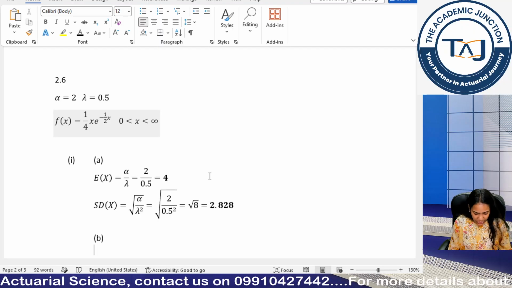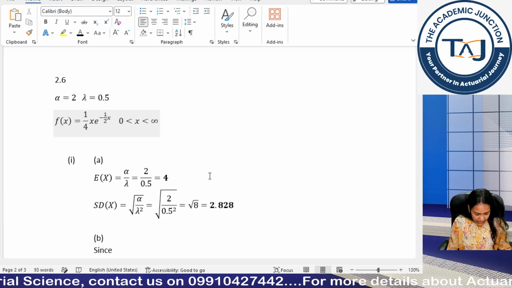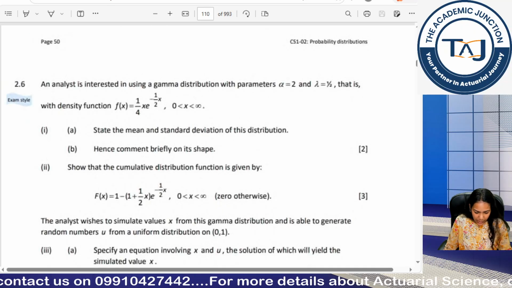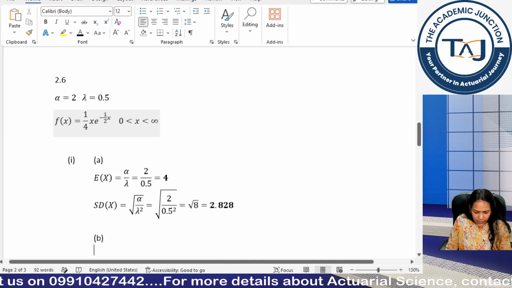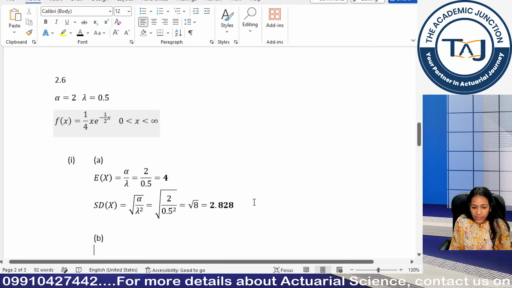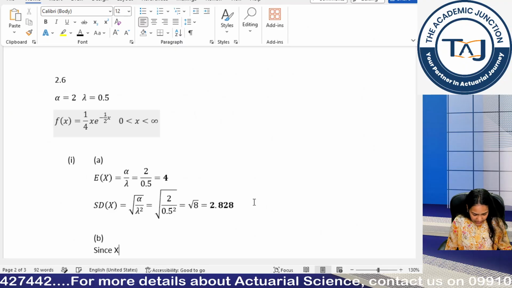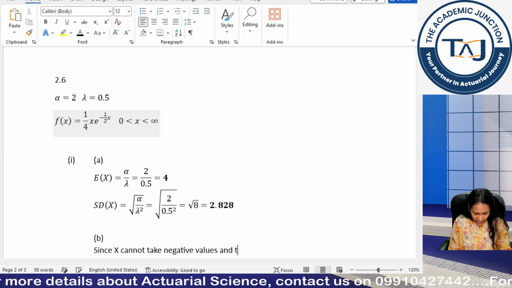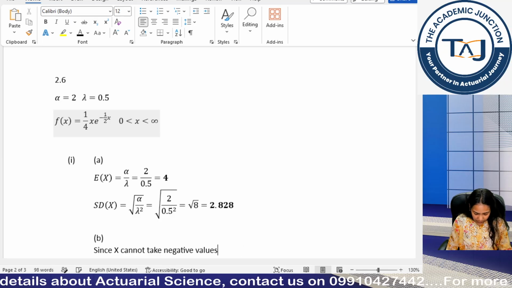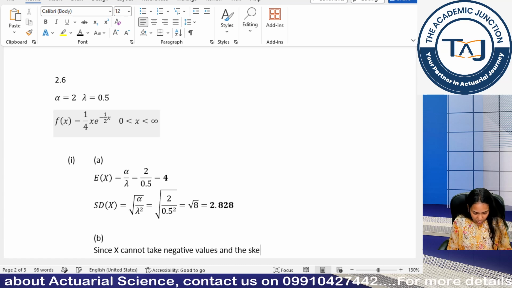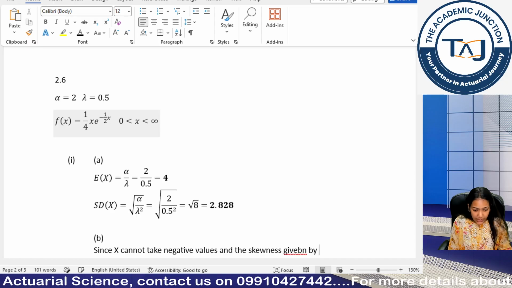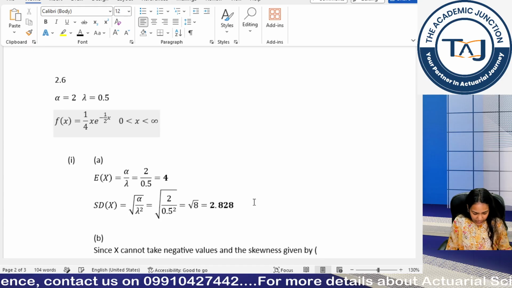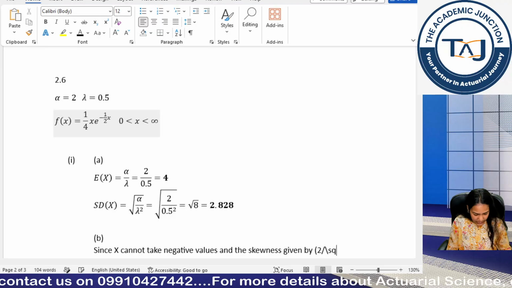So let's read the second question first. It says comment briefly on its shape. Firstly we know that x cannot take negative values, so we will write: since x cannot take negative values, and the skewness is given by, what is the formula of the gamma function skewness, it's 2 by square root of alpha.